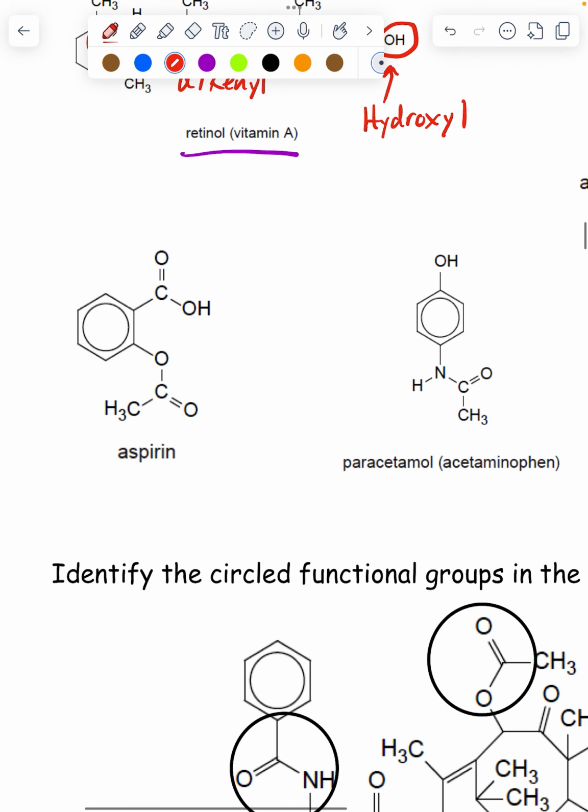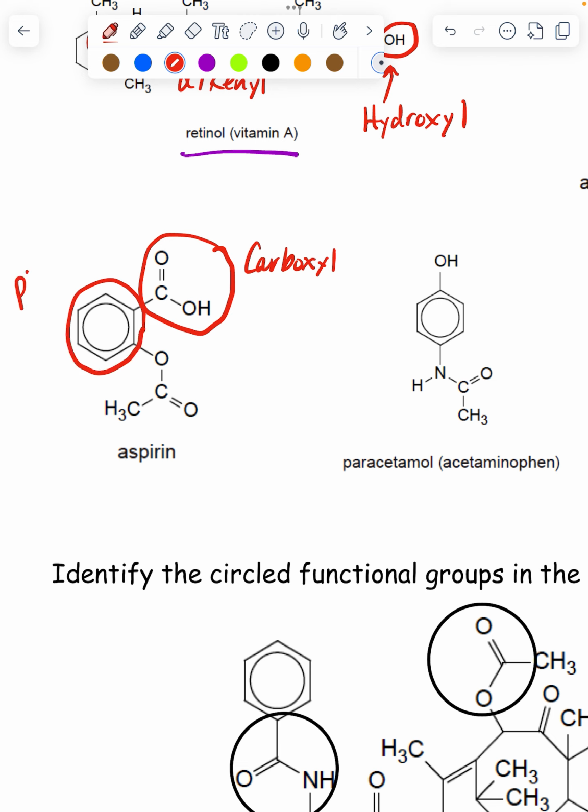If we look down here at aspirin, I can recognize a carboxylic acid. That is called a carboxyl. I can recognize a benzene ring, which is not called benzene when it's in a larger molecule; it's called a phenyl group. And I see this one, which is a little trickier, COO, and then where does that lead to?